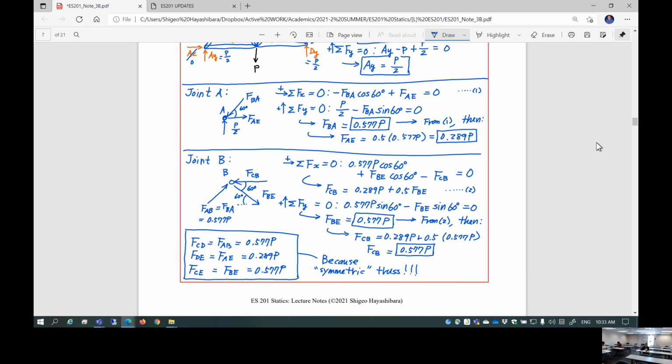Okay. So you need to be efficient. In other words, first of all, zero force members, let's just remove them. Number 2, when you apply equations of equilibrium, let's apply them very carefully in order so that you can eliminate as many unknowns as possible in each equation, so that you can get the answer straight out. So moment equation applied first.